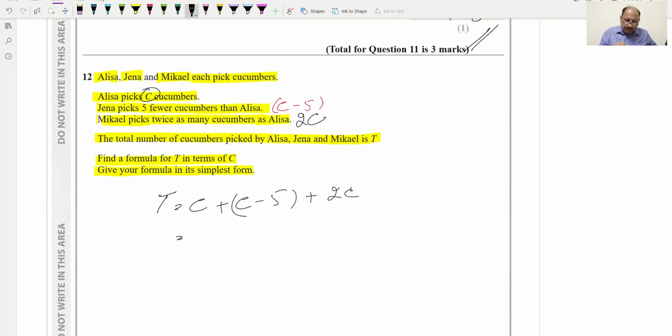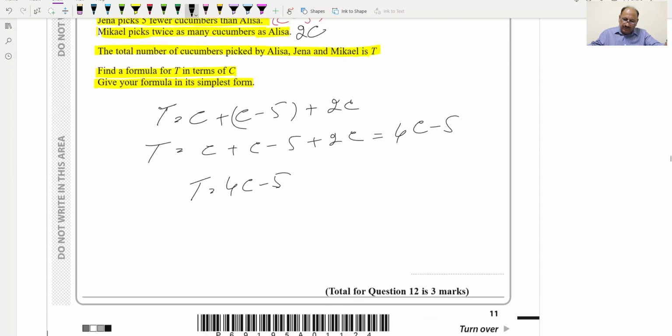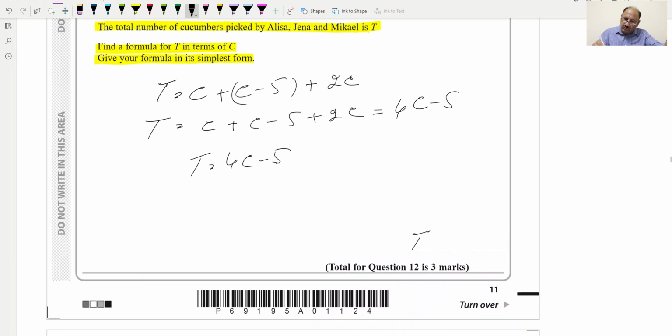Now we can open the bracket and simplify. So C plus C plus 2C will be 4C. This will be equal to 4C minus 5, and T is equal to 4C minus 5. This will be the final answer which we can provide over here.